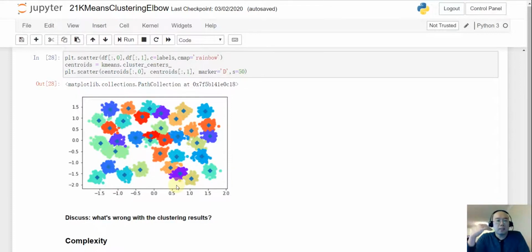That is the reason we could start from centroids at random locations. We don't worry about that too much, because later we rely on the majority of the samples in a cluster to drag one of the centroids to the middle of that cluster. However, when there are so many clusters, this is not that reliable. So here, two centroids are sharing one cluster, and two clusters are sharing only one centroid.